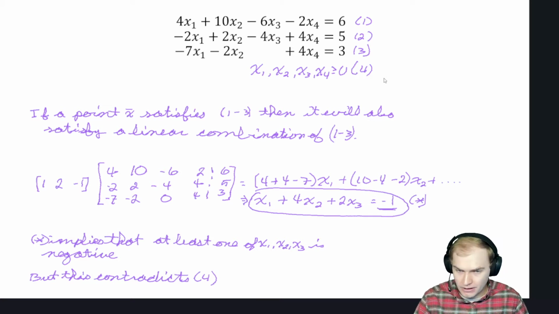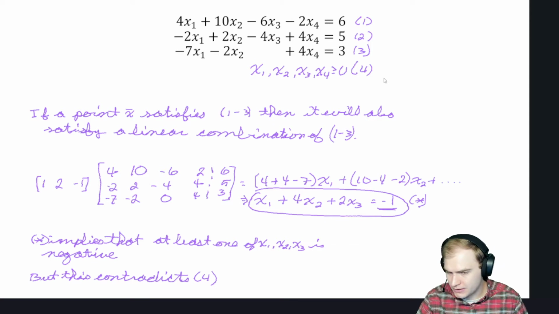Now, not every version of this sort of technique will leverage the non-negativity constraints. Your LP may not even have them, right? So what we're doing here is we're trying to combine our constraints in such a way that a contradiction shows up.